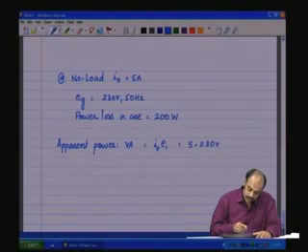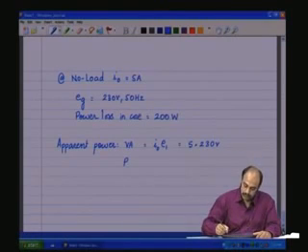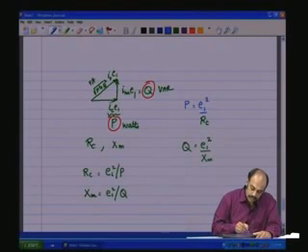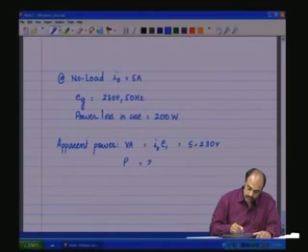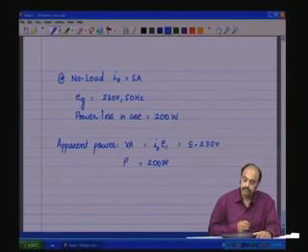Now, we know that the P in this is the active power here, which is 200 watts given. Then what is Q?